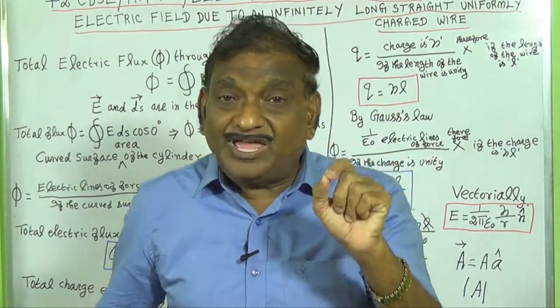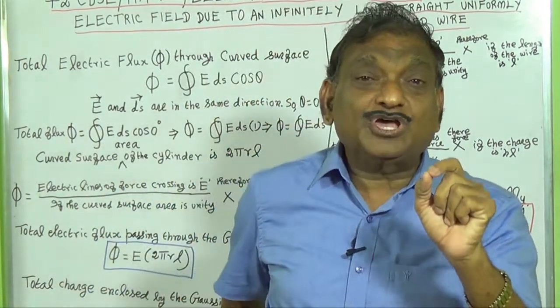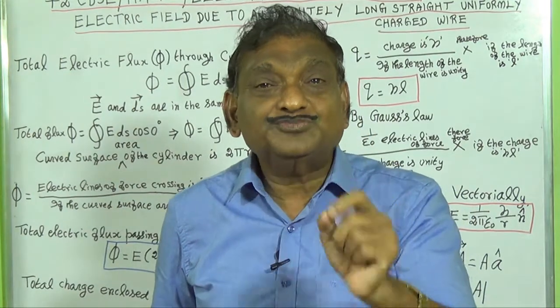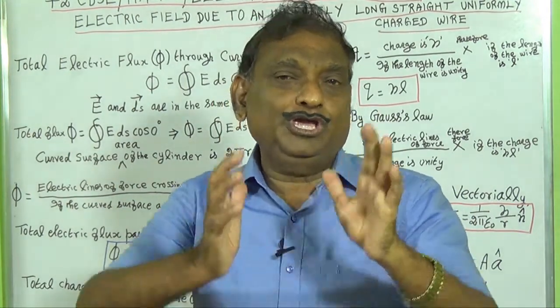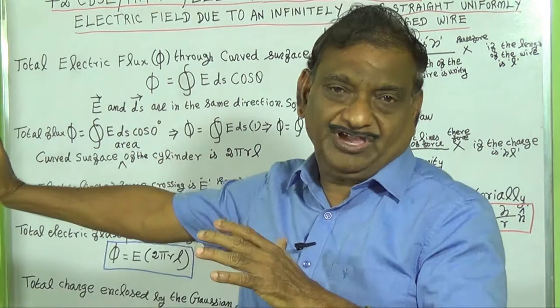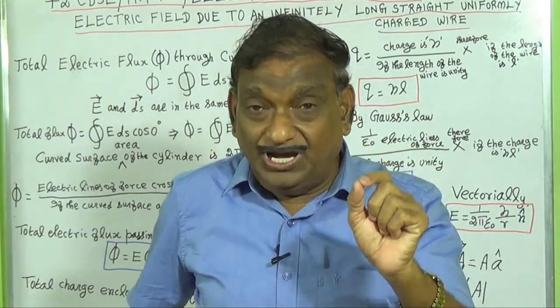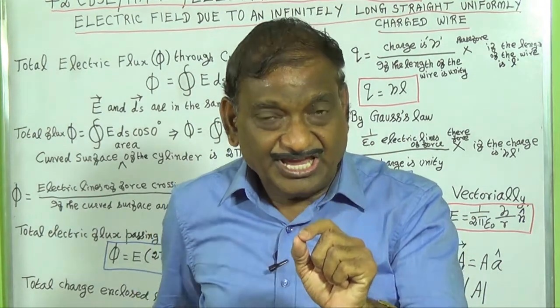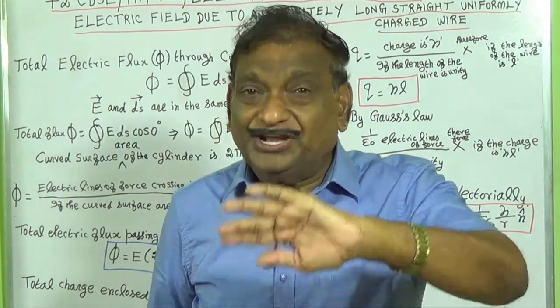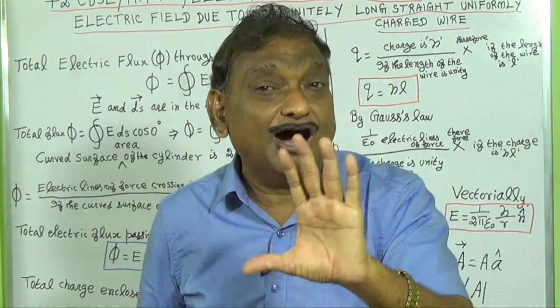How can we find the electric flux in terms of area and in terms of charge? We are going to see in this derivation. The expression electric field in this case relates the electric flux and the area.